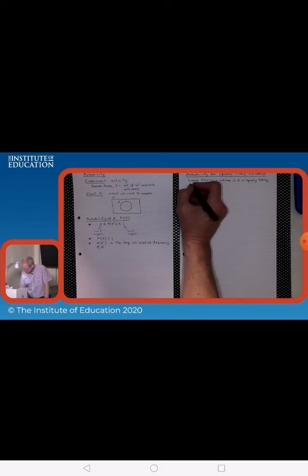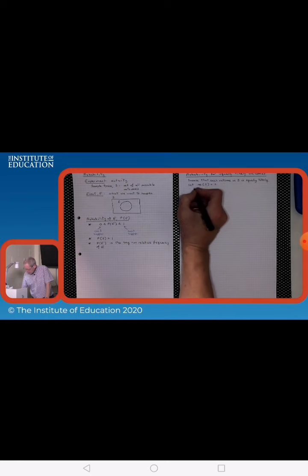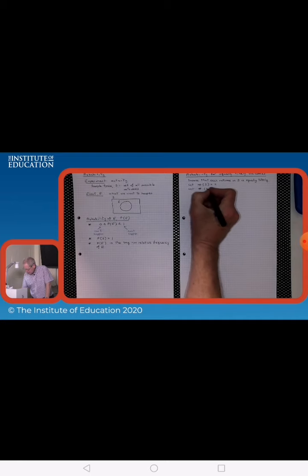And I'm going to say here, let the cardinal number, now that hashtag symbol there, in the context of sets, means the cardinal number of a set, means the number of elements in the set. So let the cardinal number of S be n. And let the cardinal number, the number of elements in the event E, be r.